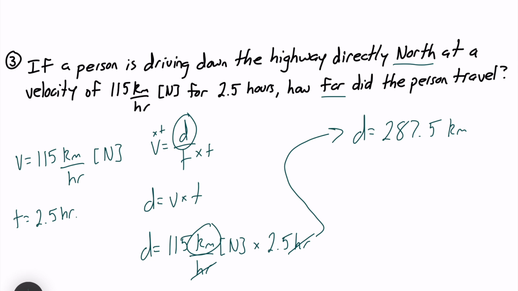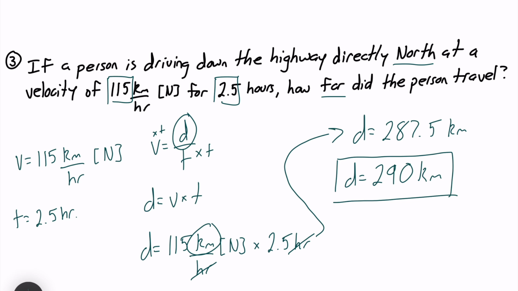We also have to worry about sig figs here. It looks like we have 2 in 2.5 and 3 in 115. So I would say that we can round this up to 290 kilometers. If you wanted to, you could include the direction, which is north.